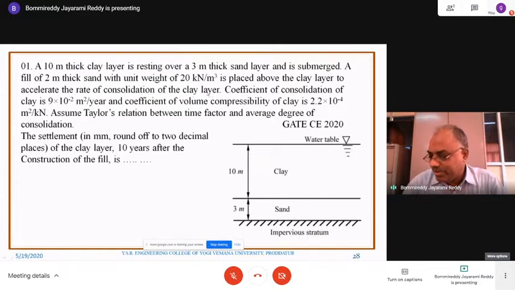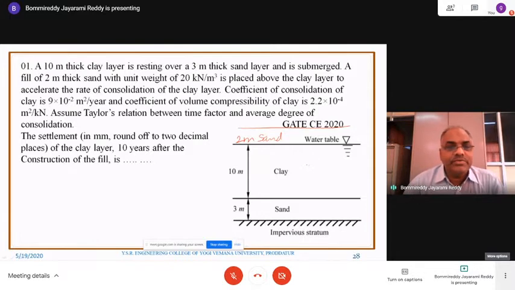So what is going to happen in this particular problem? It is given that 2-meter thick sand is laid over the clay for accelerating the consolidation process.